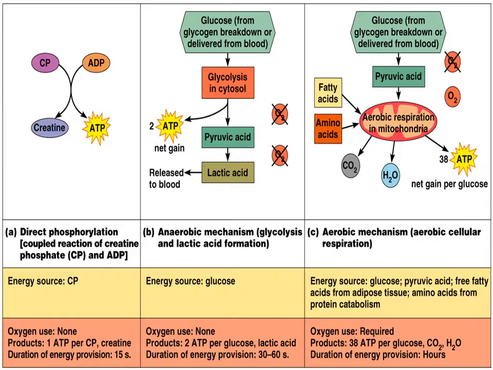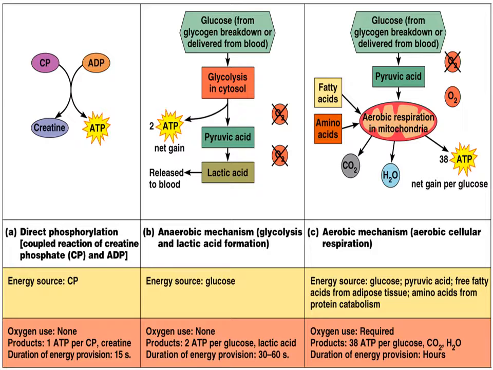Anaerobic metabolism, so called because oxygen is not needed. First, the cell will start with a 6-carbon glucose molecule. That is broken in half during glycolysis, and the energy is used to make some ATP.